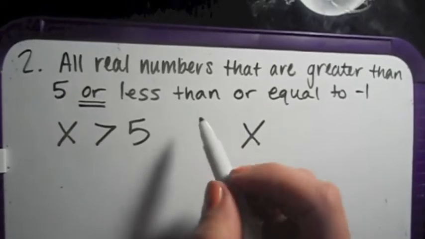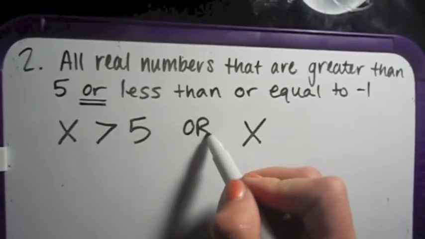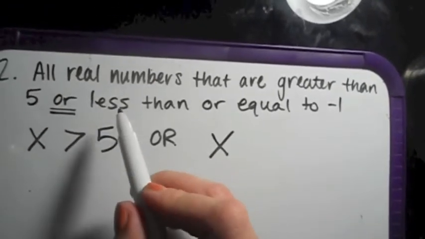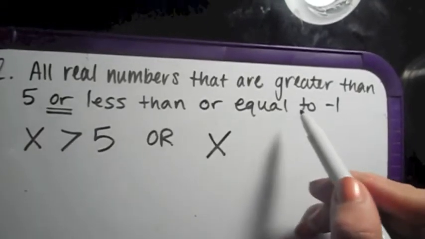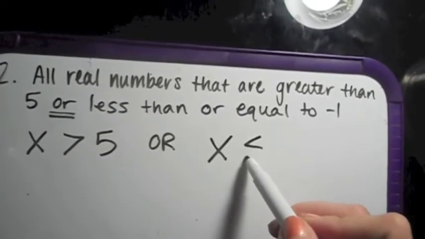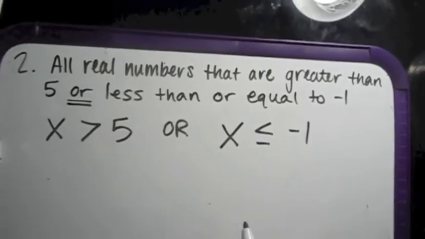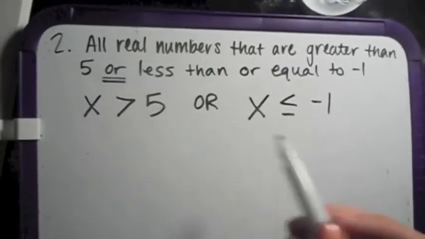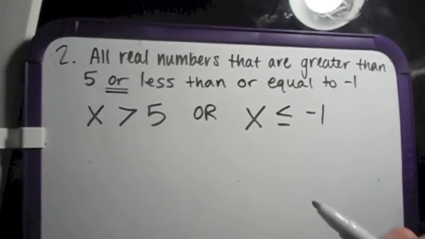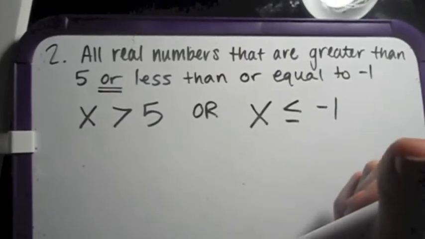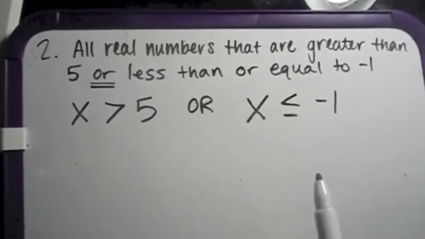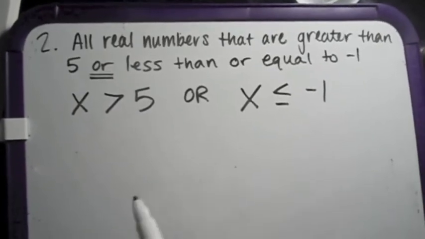Or less than or equal to, we know what that symbol looks like, -1. Okay, so we have the two inequalities. We have translated the verbal phrase into an inequality. Awesome. Now all we have left is to graph the inequality.